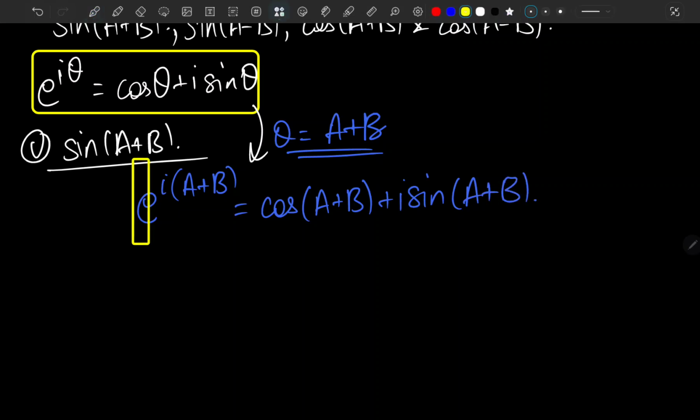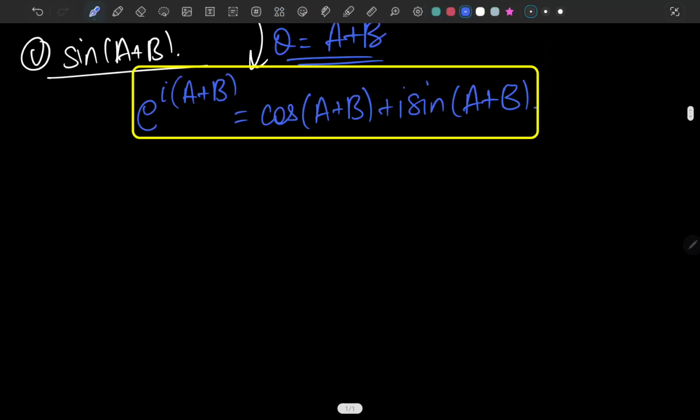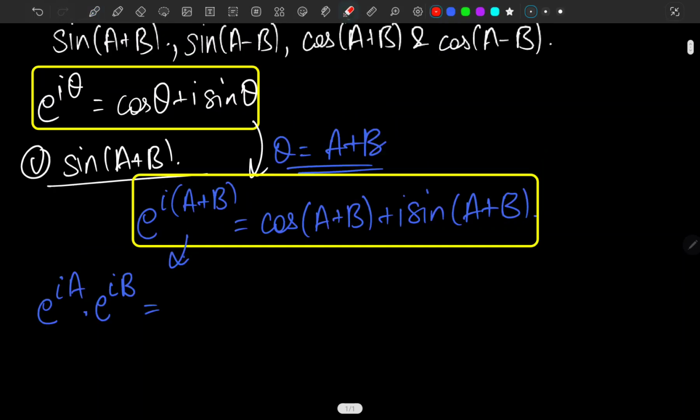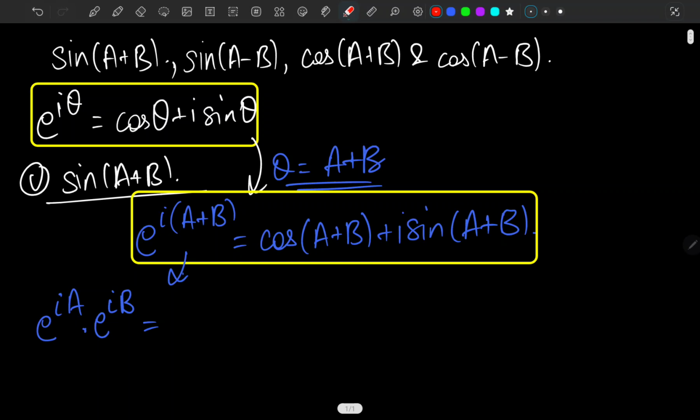I'm just going to put it in a bracket, and again I'm going to use this further. I'm going to break it like this: e to the ia times e to the ib. And what that's going to give us, well, this step is really mesmerizing, just believe me. Look at this one.